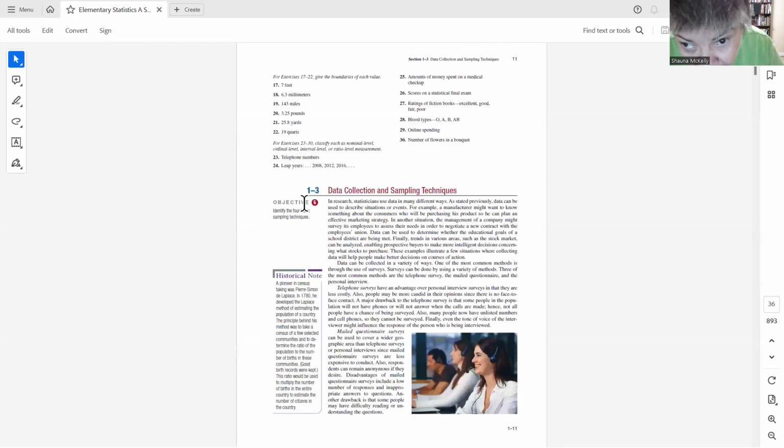So let me go here. For exercises 23 to 30, classify each as nominal, ordinal, interval, or ratio level. Okay, so let me just go over that.